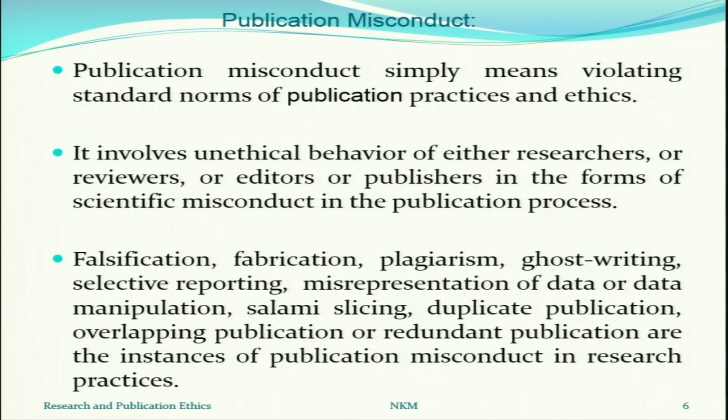So any kind of falsification, fabrication, plagiarism, ghostwriting, selective reporting, misrepresentation of data, data falsification, data manipulation, salami slicing, duplicate publication, overlapping publication, or redundant publication. They all are instances of publication misconduct in research practices when we talk about publication practice.